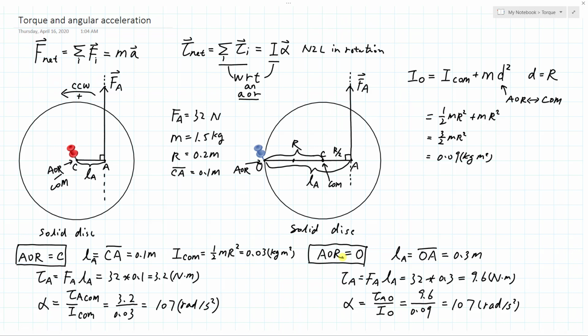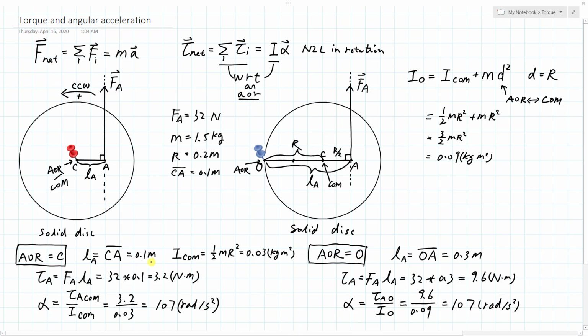You have to solve for it. So that's something you may not want to do. After we picked our axis of rotation, we start determining the lever arm lengths for each force's torque. If we had more forces, we would do several of these lengths, and the length is between the axis of rotation and the line of action along which the force vector lies.